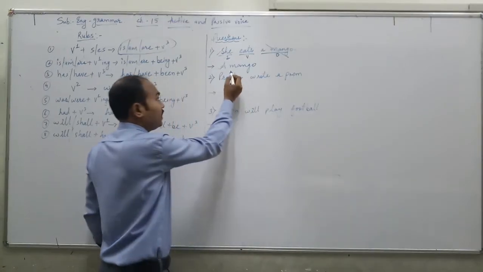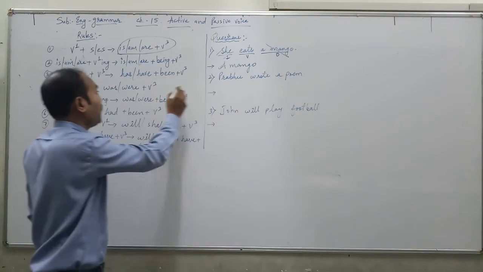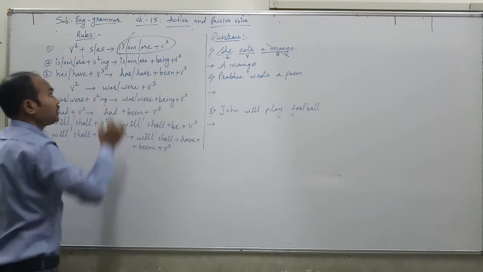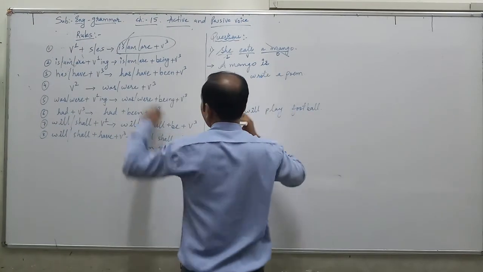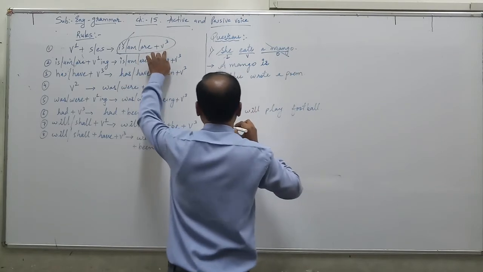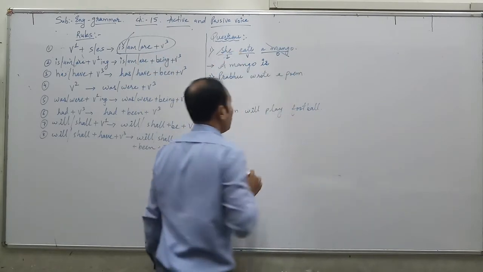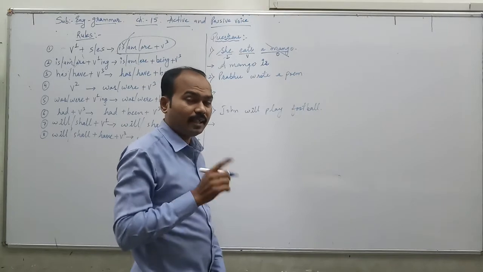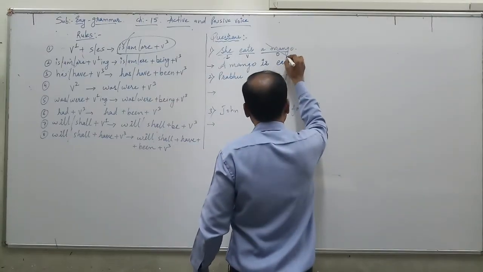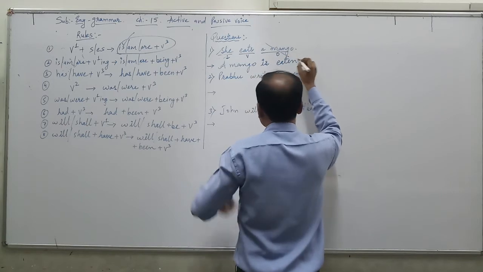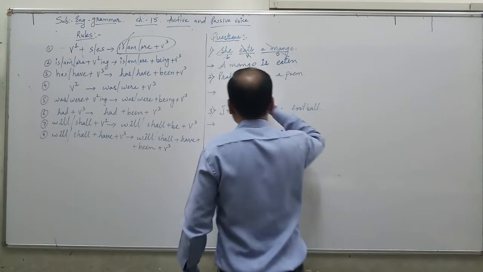So you can see over here, mango is a singular subject, so we will use is. A mango is. After that, the third form of the verb eat. Eat, ate, eaten. So a mango is eaten. This is done.